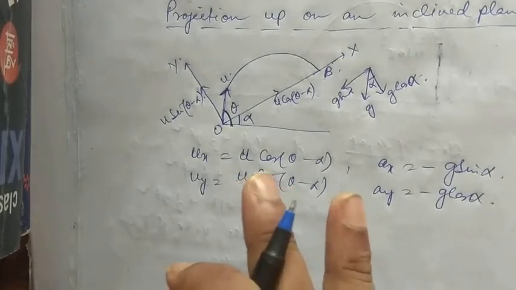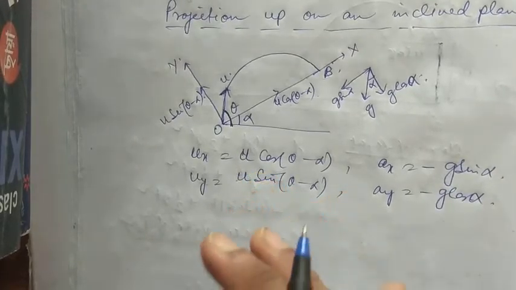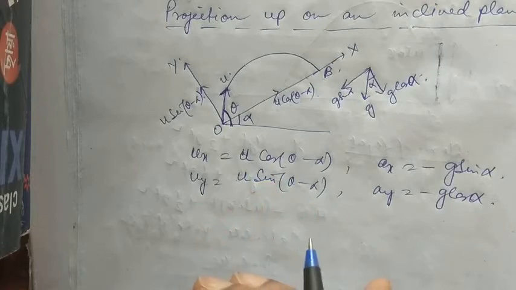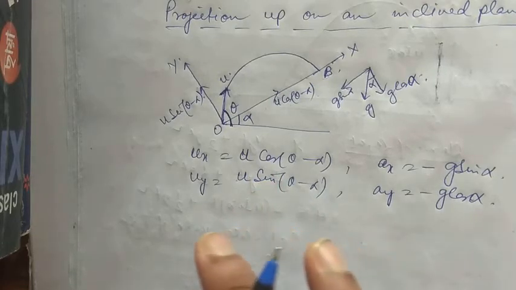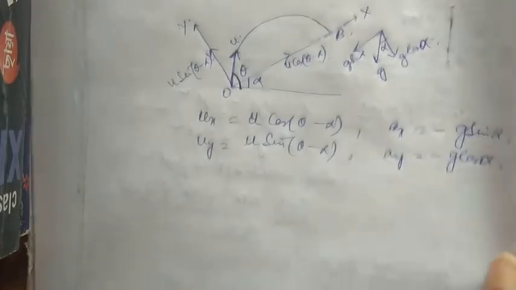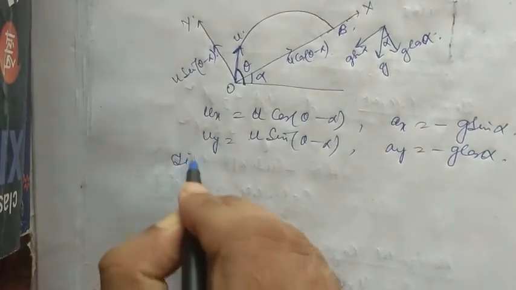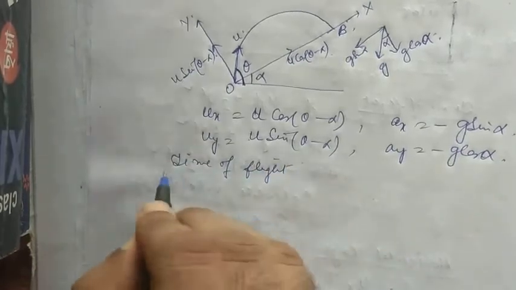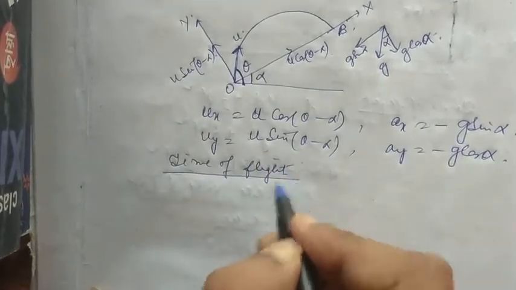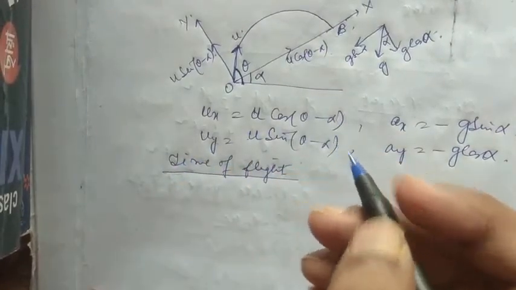The derivation of the respective things like time of flight and the range attained will be similar to that of the ordinary case. Now first we try to find out the formula for time of flight. The formula will be similar to that of the ordinary case with slight manipulations.